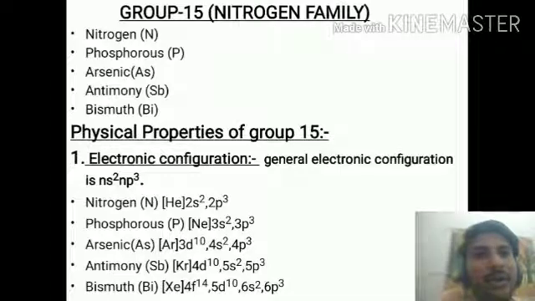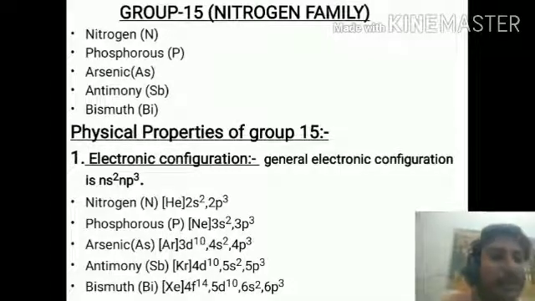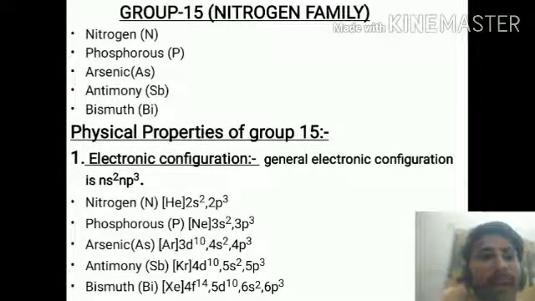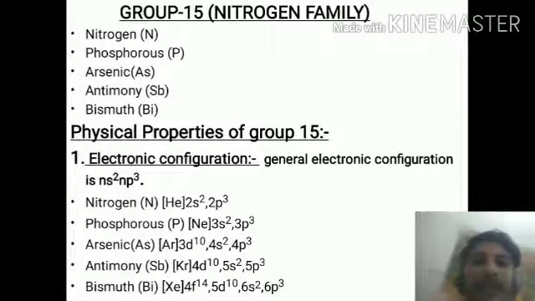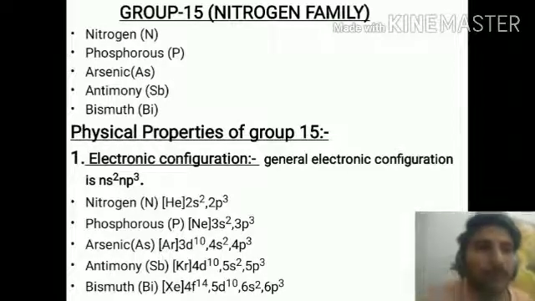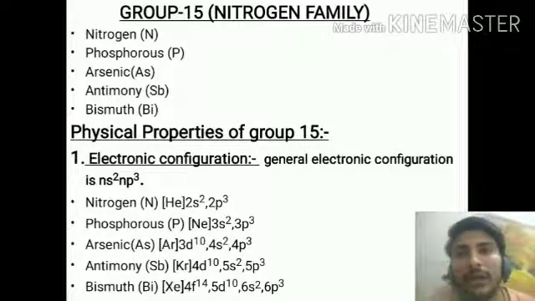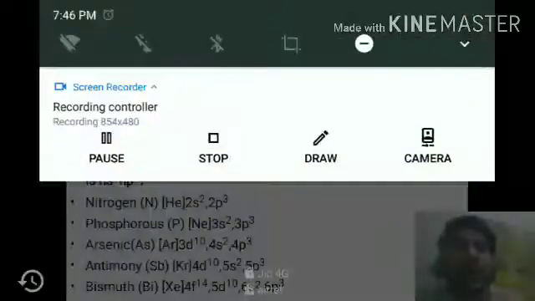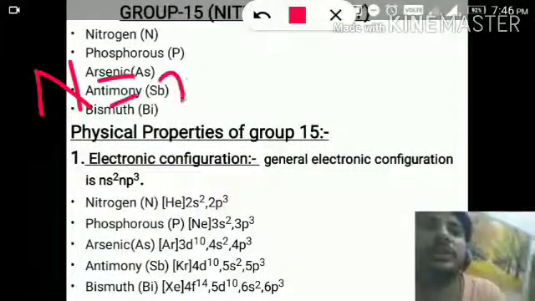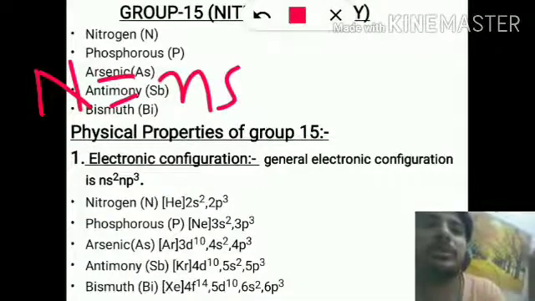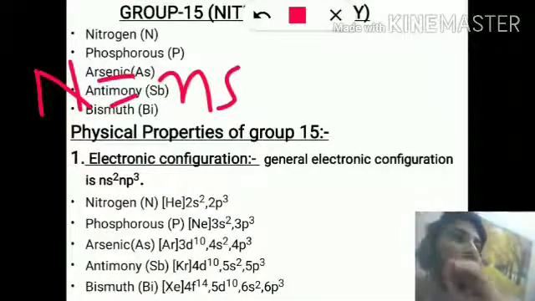Atomic number is already given. You know that the atomic number of nitrogen is 7. Then add 8, the atomic number of phosphorus is 15. Then add 18, then 18, then 32. You can find the atomic numbers. So nitrogen electronic configuration, I would like to tell you. Nitrogen is present in the second period.